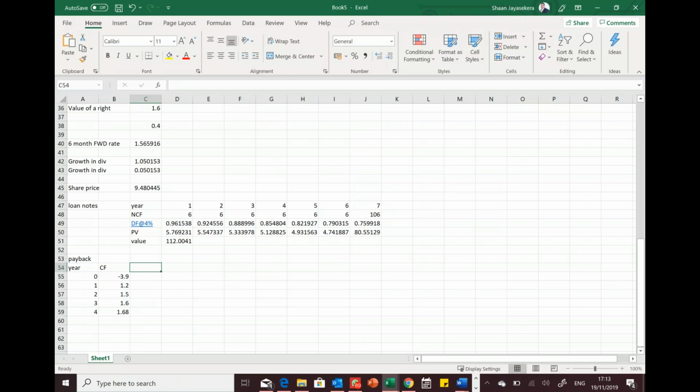I can now work out a cumulative. The cumulative will be this plus this. So every year I am recovering the investment, and you can see that somewhere after 2 years, into the 3rd year, I have recovered it. So it's 2 plus something.